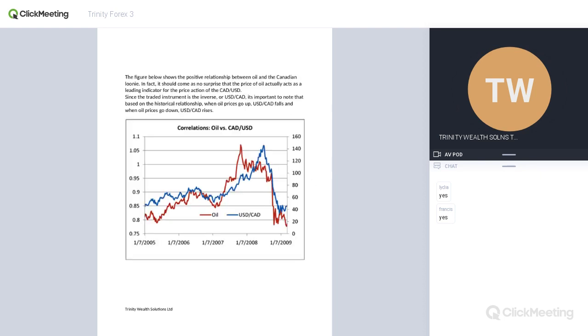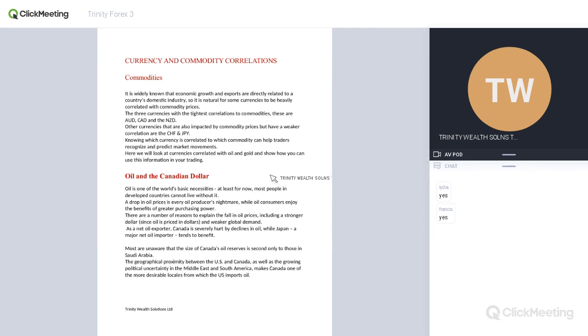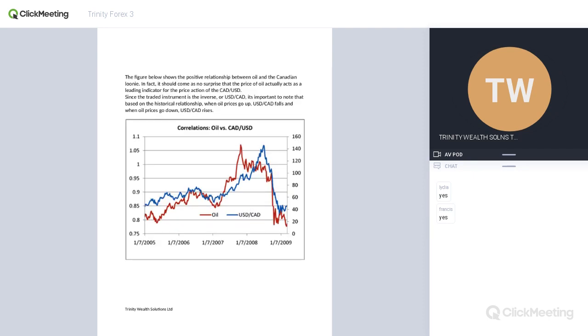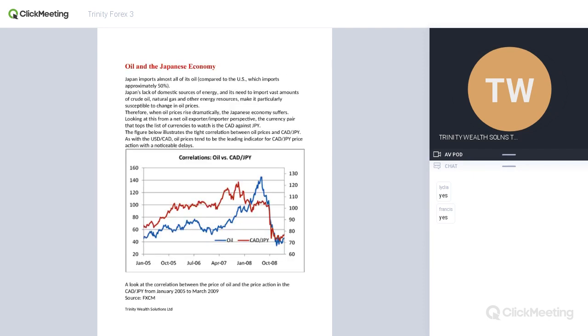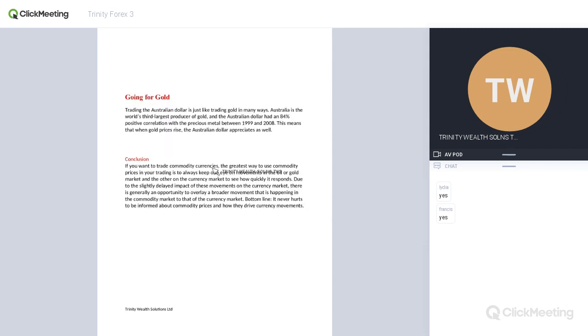There's also some small correlation between gold and the New Zealand dollar. I don't know how come those notes are not here. New Zealand is the only country that keeps its reserves in gold, some 25% of them.